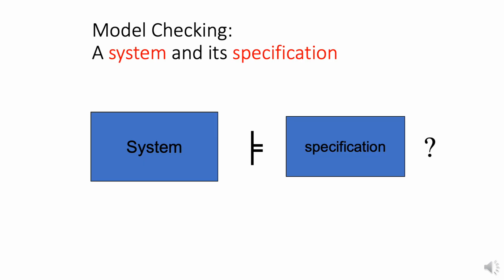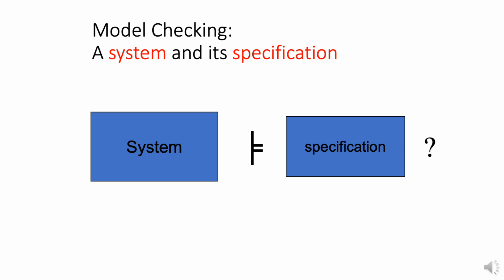One of the claims for fame of BDDs is in model checking. What is model checking? We have a system, which could be software or hardware, and we have a formal specification, which is given with some specification formalisms such as a temporal formula or an automaton or process algebra, and we want to see if the system satisfies each specification.